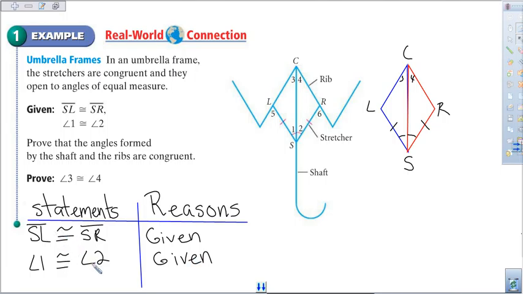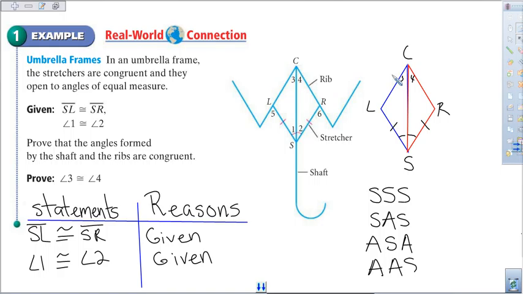We have a side and an angle. And what are our possibilities? We have 4 shortcuts to show that these two triangles are congruent. We have side, side, side; side, angle, side; angle, side, angle; and angle, angle, side.